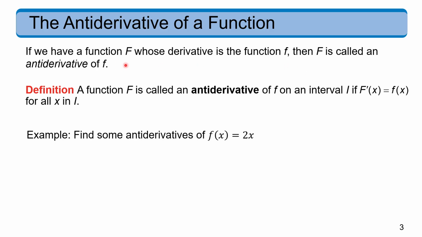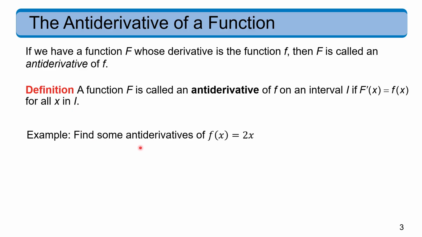If capital F is a function whose derivative is the function little f, then we call capital F an antiderivative of little f. And here we've written it out more formally. A function capital F is called an antiderivative of little f on an interval I if capital F prime equals little f, again, over that same interval I.